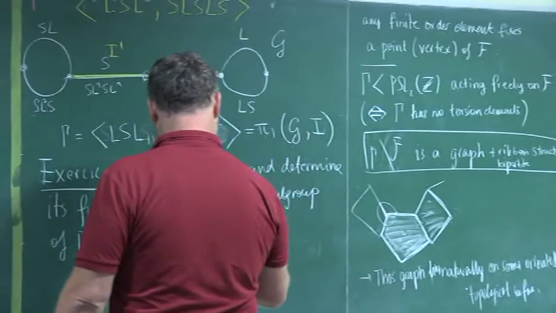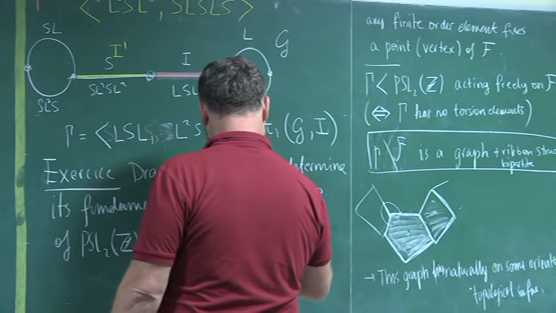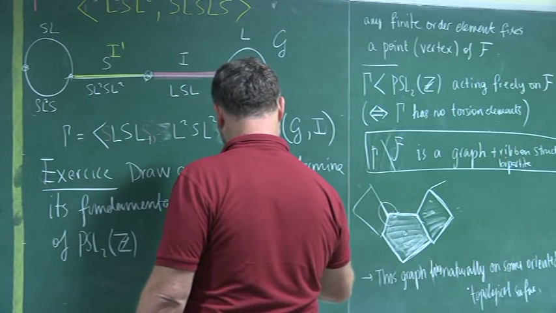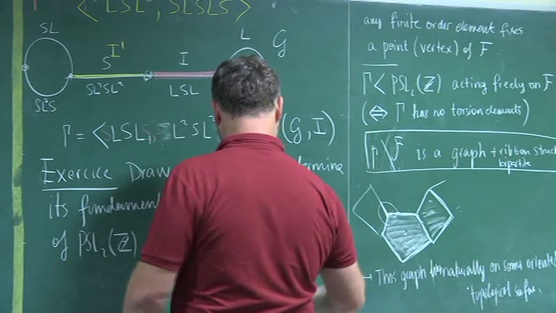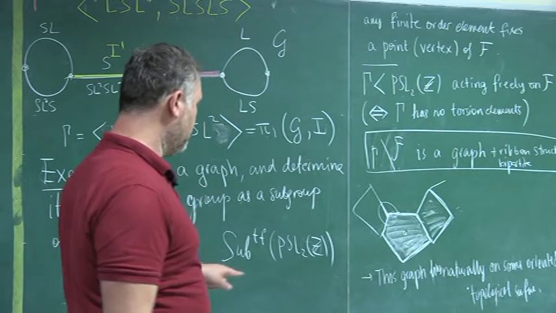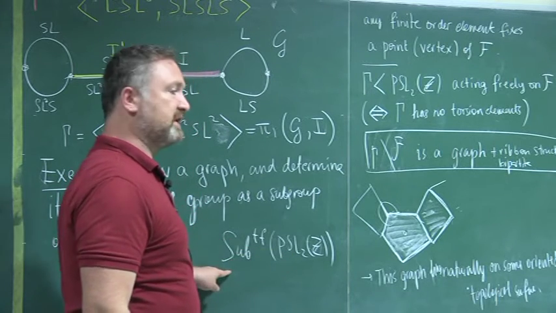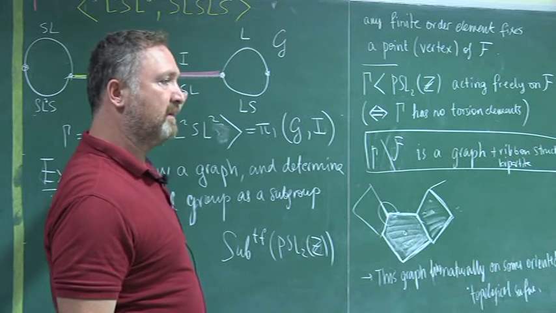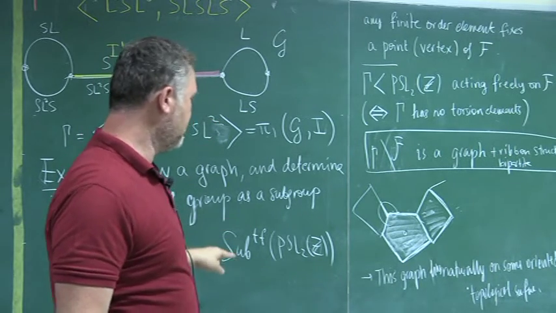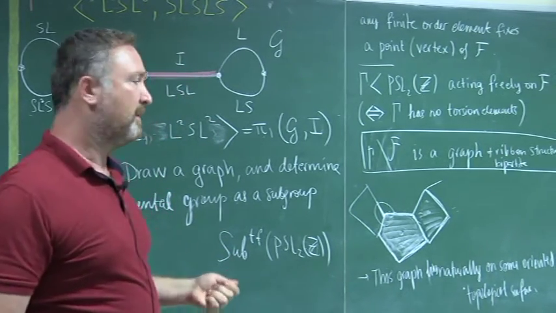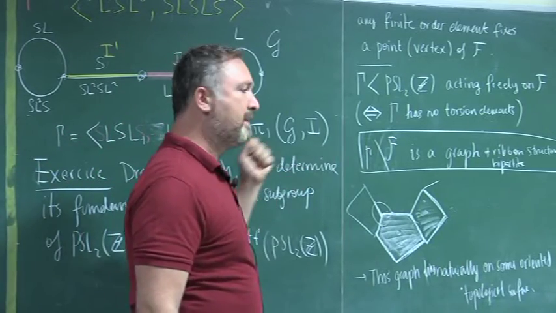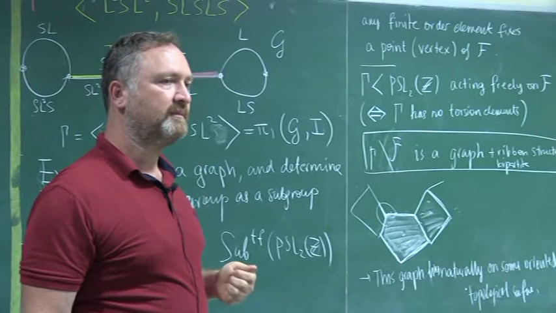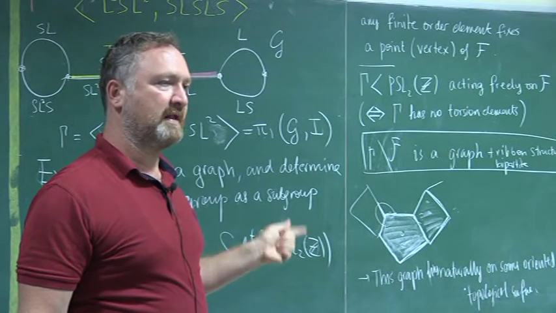That is to say, I described the action on the set of subgroups, but torsion-free subgroups, not all subgroups, of the group PSL2Z by conjugation. What does it do? It just changes the base edge. So I repeat, a subgroup of PSL2 is nothing but a graph of this type plus a base edge, and the conjugation action moves that base edge.